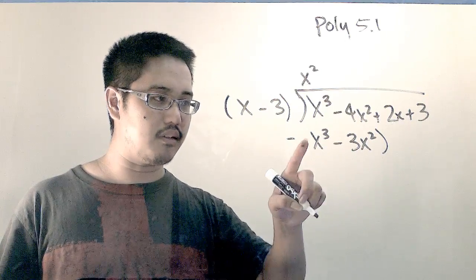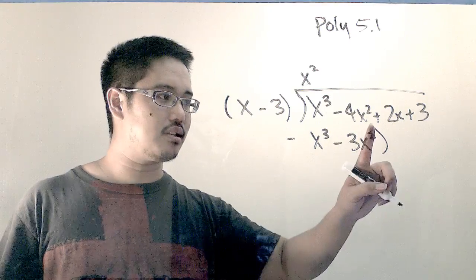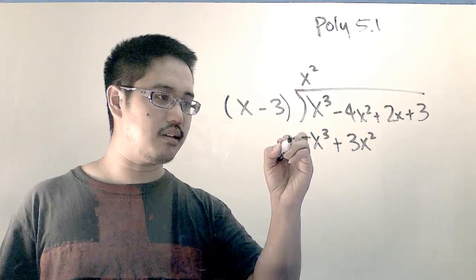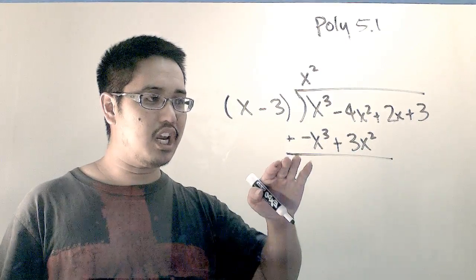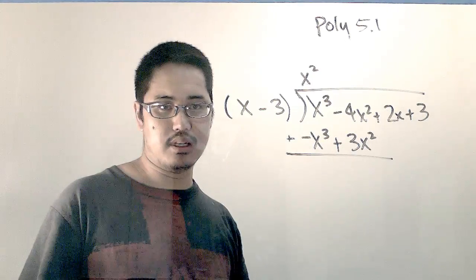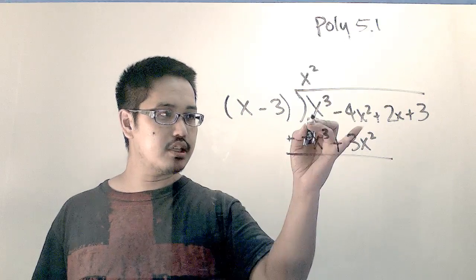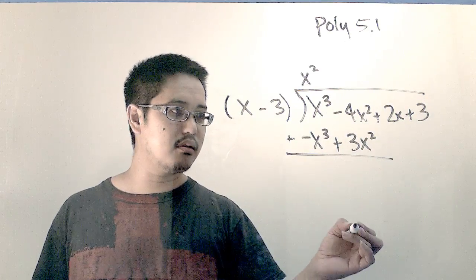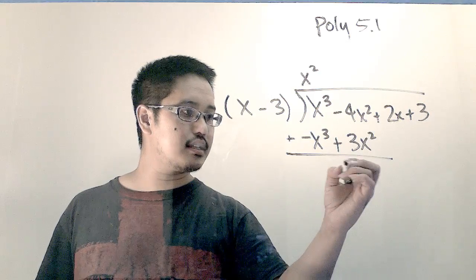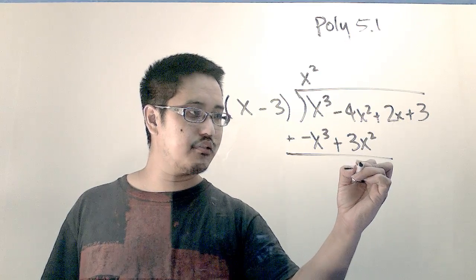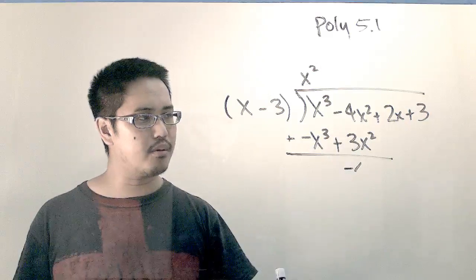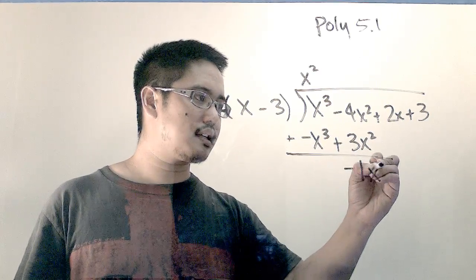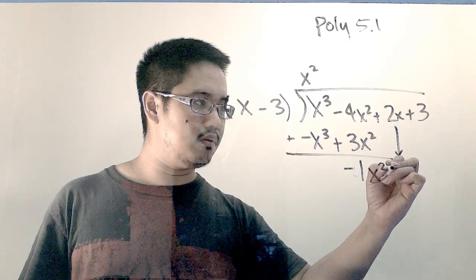I can't just subtract the first term and then have the last term. That would be cheating. So I need to turn this one into a negative and this into a positive. Basically, I change the sign of every single term in there, because essentially, you want these to cancel. The x cubed minus the x cubed, that's just 0. Over here, this doesn't cancel, but that's fine. So I have negative 4 plus 3 is negative 1, x squared. I'll drop down that 2x.